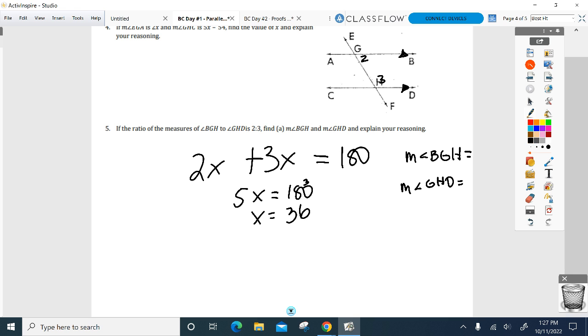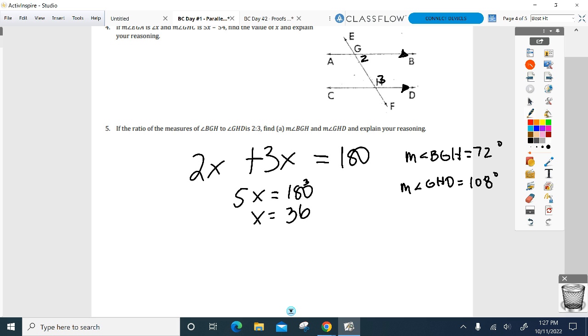So plug in 36 for 2x, plug in 36 for 3x. So what's BGH, the 2x? That'll be 72 degrees. And the angle that's supplementary to it, GHD, will be 108 degrees.